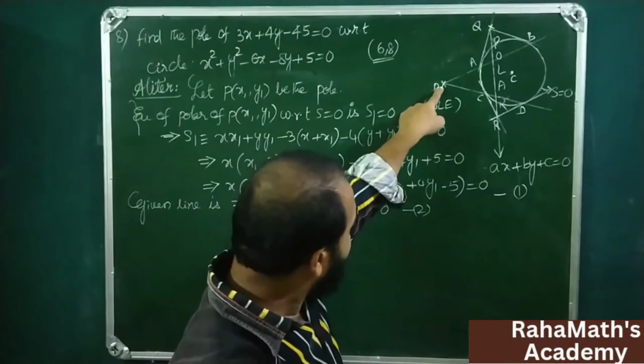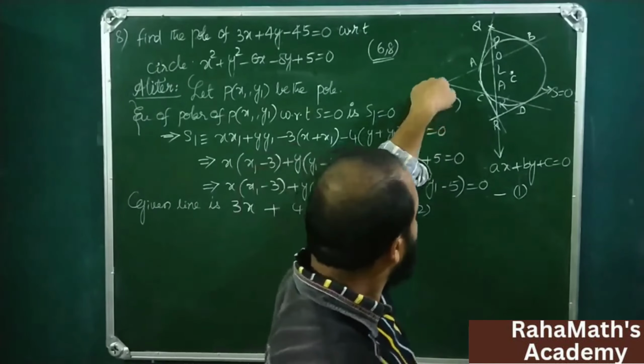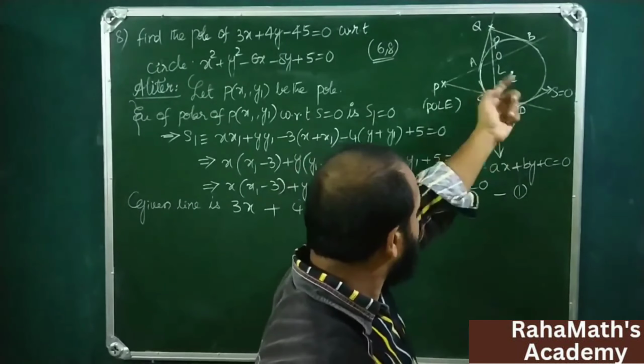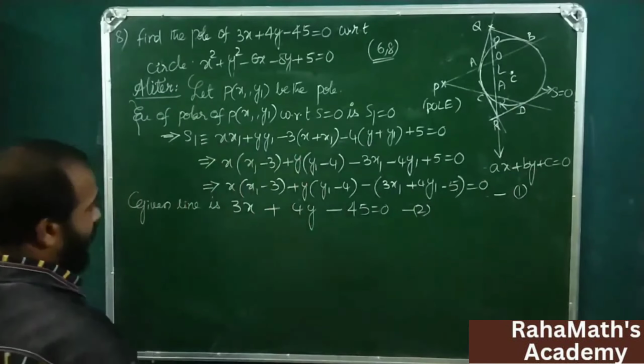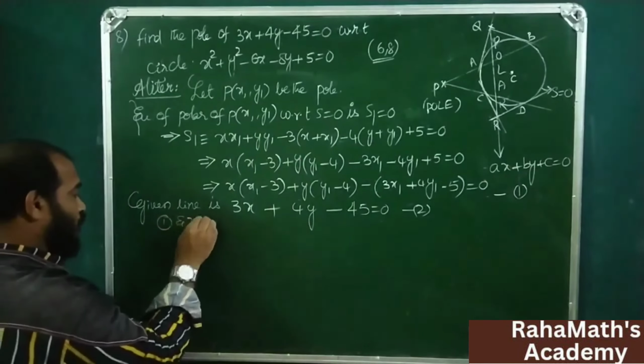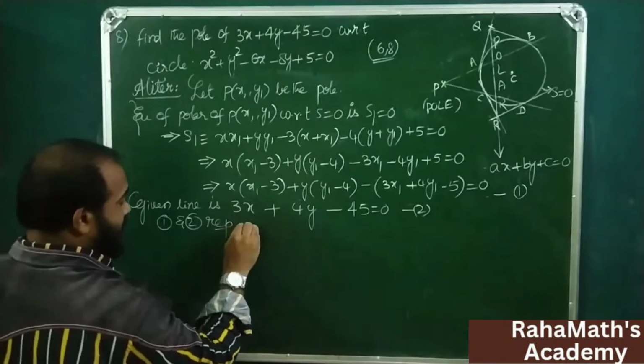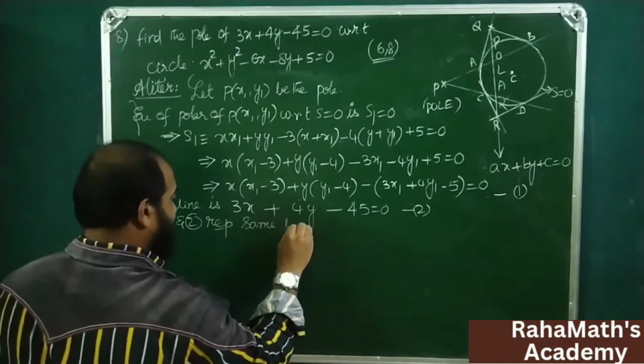According to theory, if P(x1, y1) is the pole, then this is the polar. That means 1 and 2 represent the same straight line.